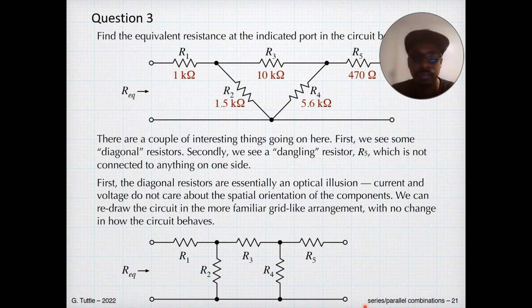So basically, the diagonal arrangement here, we can redraw it in this format. It's quite simple. You just move the resistor to a different point along this line.